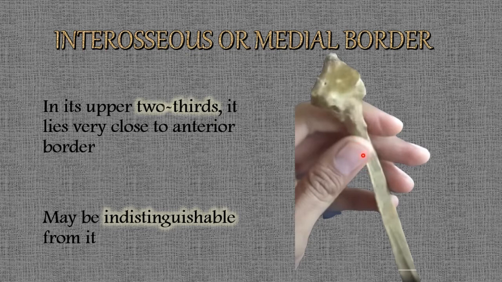So we will not identify in its upper part which one is the anterior border and which one is the interosseous border. Less than 1 millimeter distance, they are very close to each other, but as it goes down, it slightly gets separated from the anterior border. Like here you can see, this is the anterior border, just medial to the anterior border, this is the interosseous border. Now it will slightly go separately as it goes down.